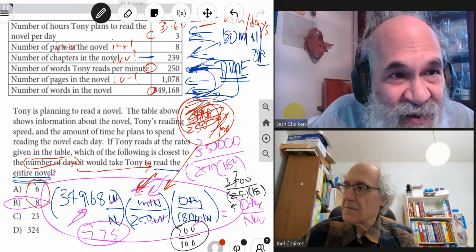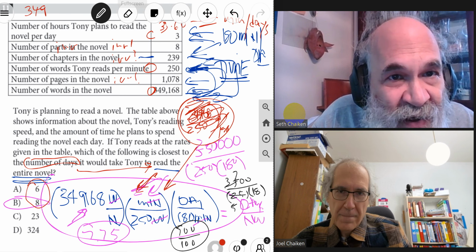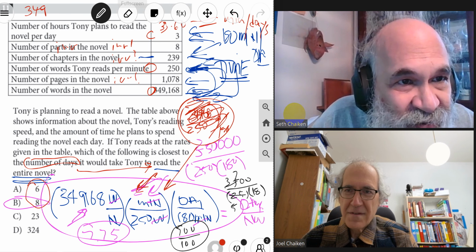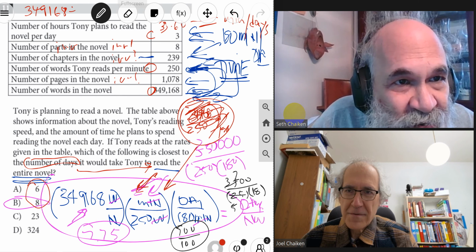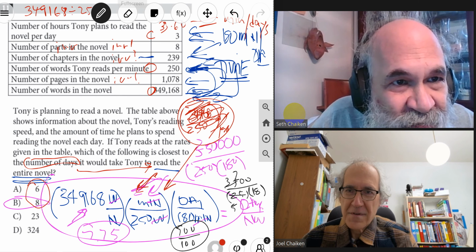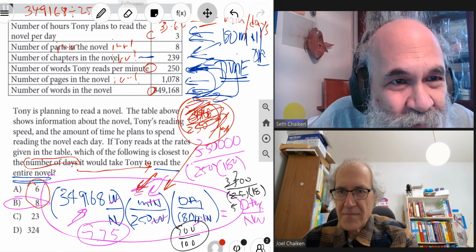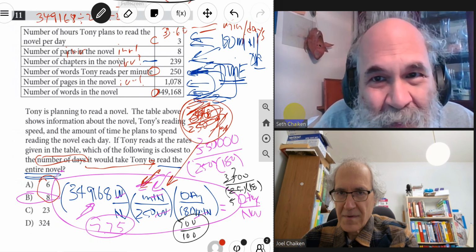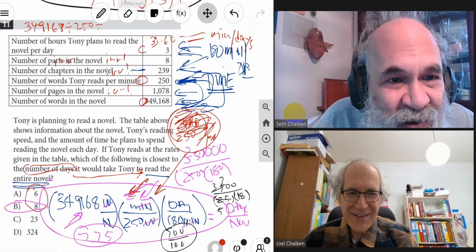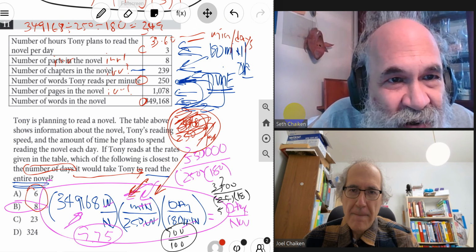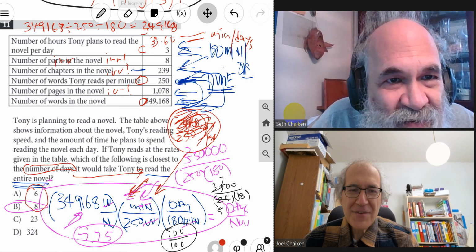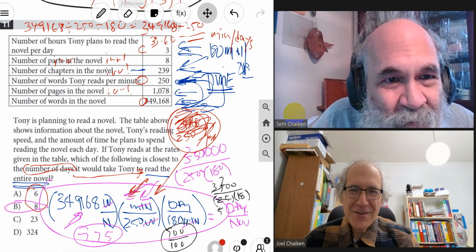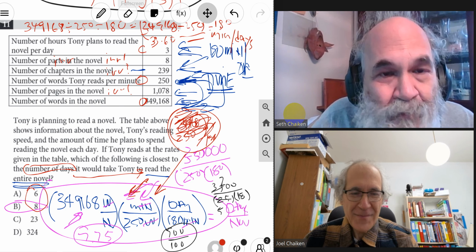If you type in the following keys, 349, 168, divided by 250, divided by 180, what it does is divide by 250, and then the quotient is then divided by 180. Everybody knows how to use a calculator.